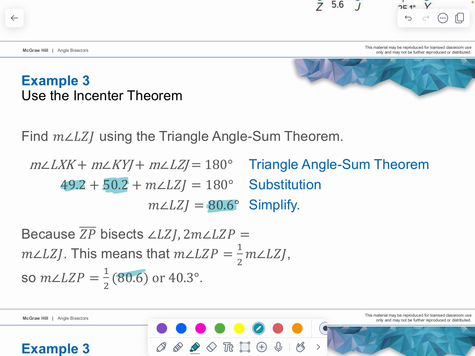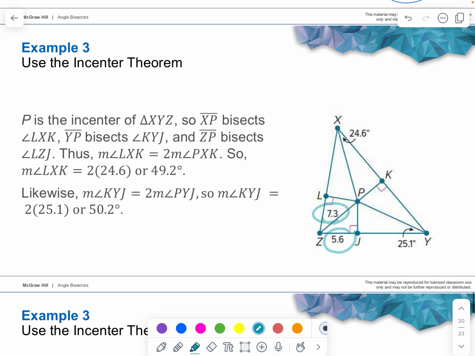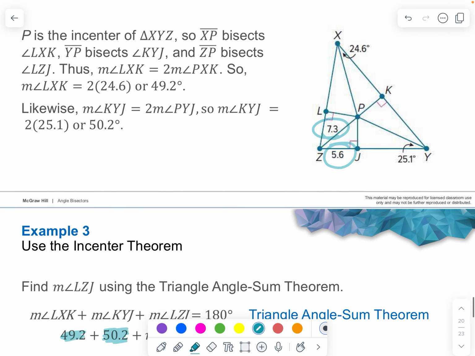And then they're going to halve that and get us to the 40.3 degrees. Now notice what they also did to throw you off the scent: they threw in this 7.3 and that 5.6 to mess with your head. Don't let it throw you off.